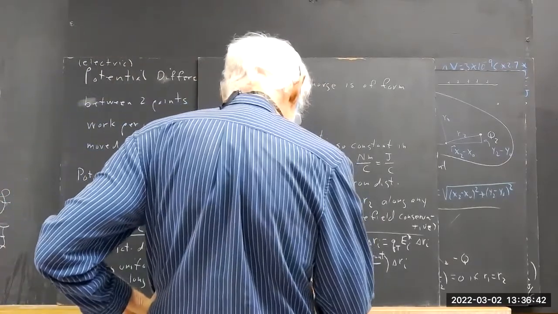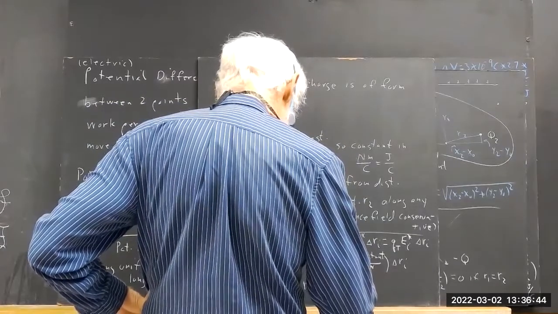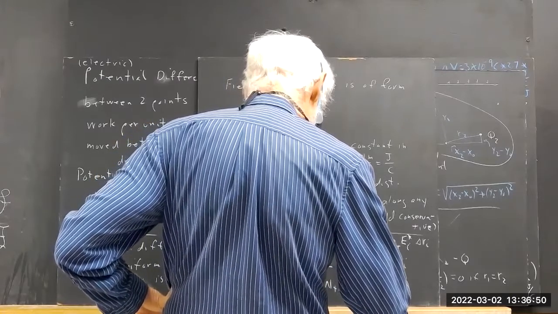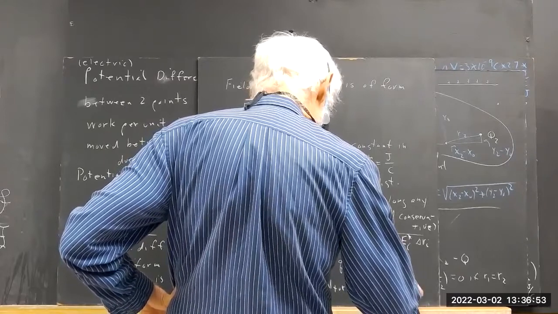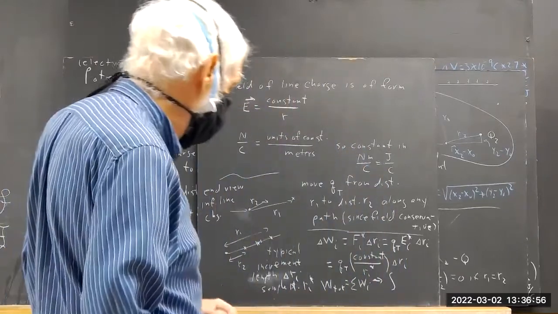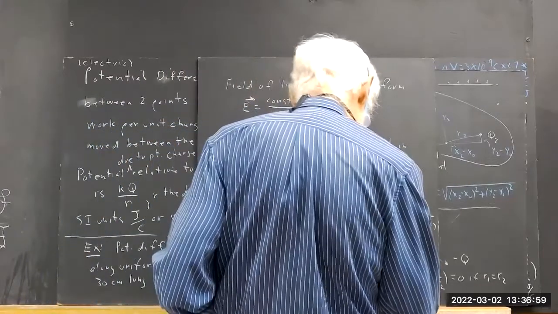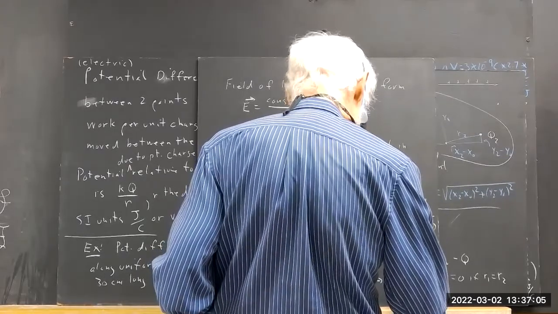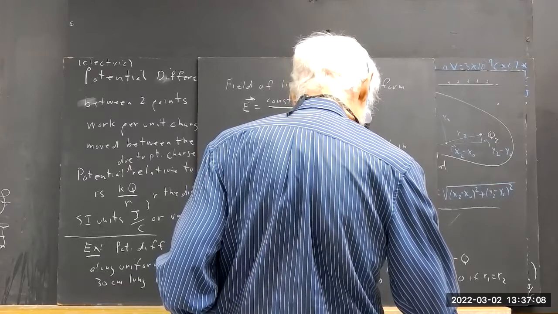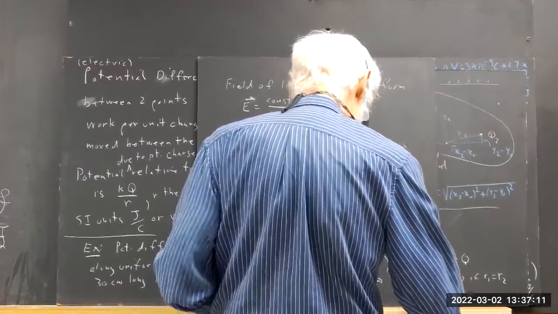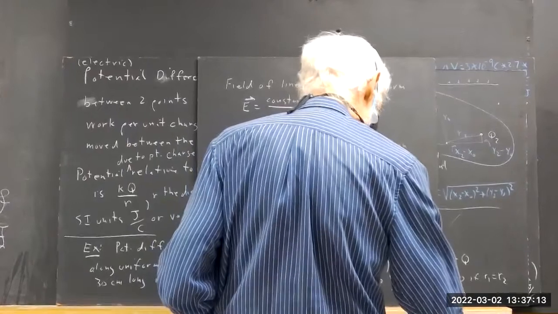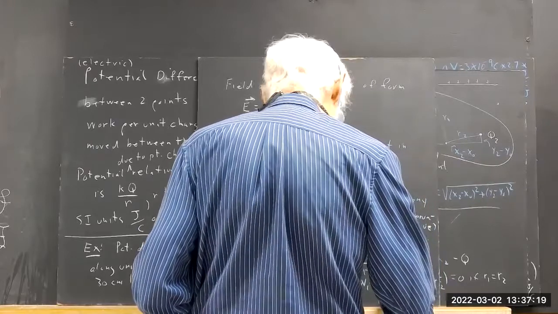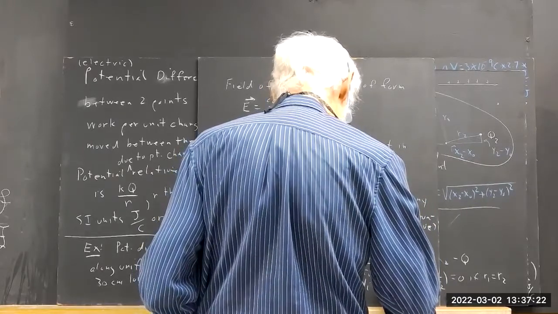So the total work is the sum of the delta W sub i's, which approaches the integral of Q_T times your constant over R, from distance R1 to distance R2.